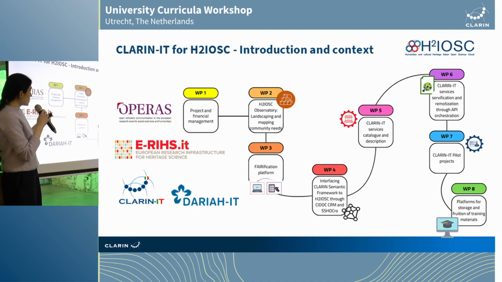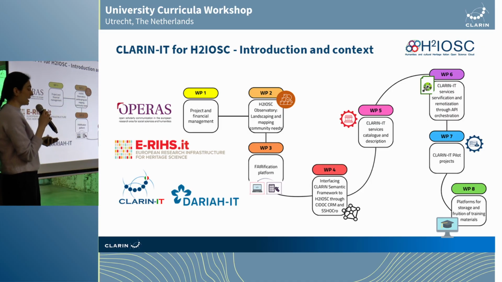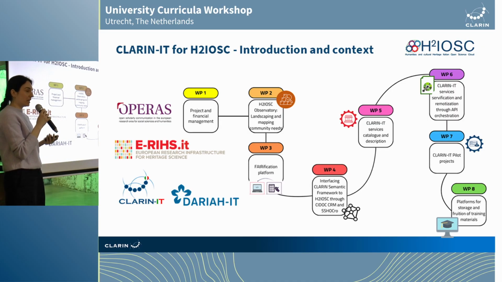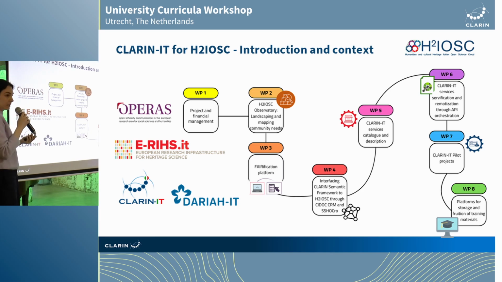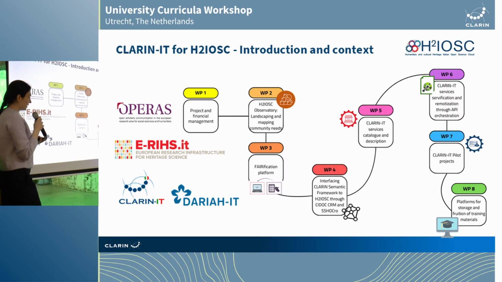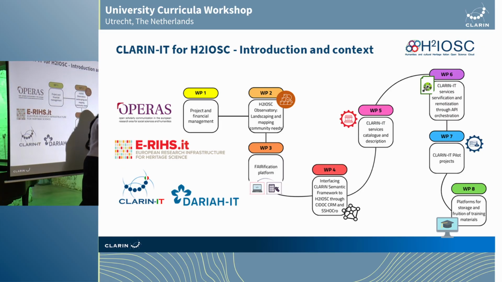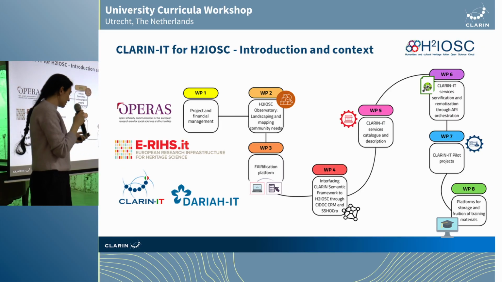And so the H2IOSC project, to give you a little bit of background, is really complicated, as you can see. But the most important bit is that it creates a cluster, an affiliated cluster of four Italian consortia of those infrastructures, so IRIS, OPERAS, DARIAH, and CLARIN. And I worked in this bit, work package number 8.